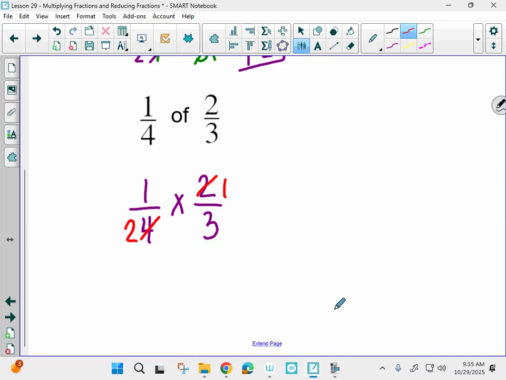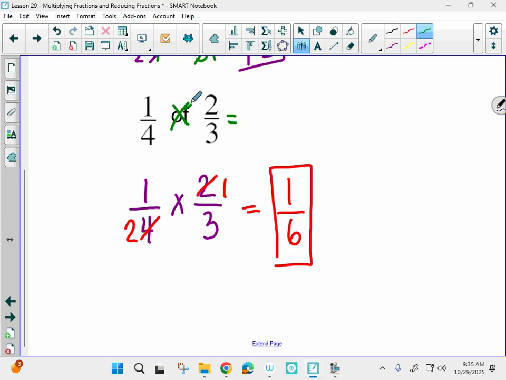Now I'm going to multiply top to top is 1, and bottom to bottom is 6. Now, if you went ahead and just multiplied these without pre-reducing, you would get 2/12, which then reduces to 1/6. 2 goes into 2 once, 2 goes into 12 6 times.